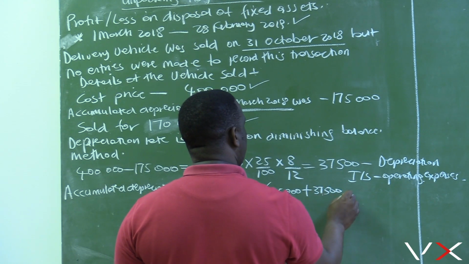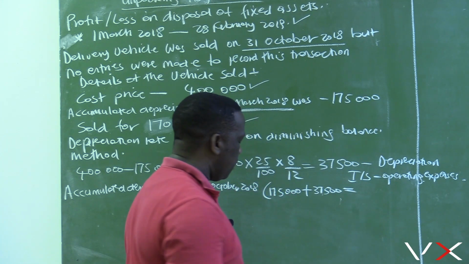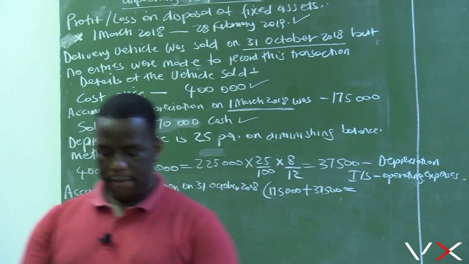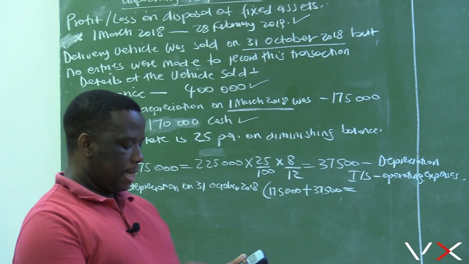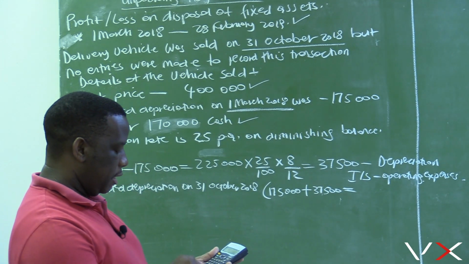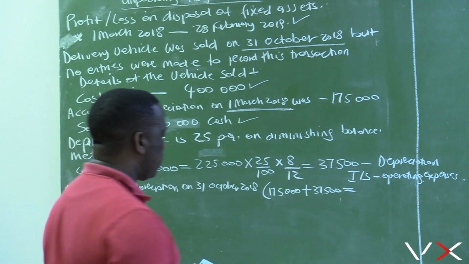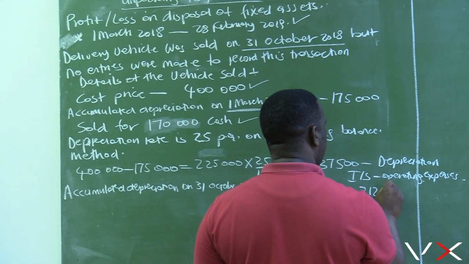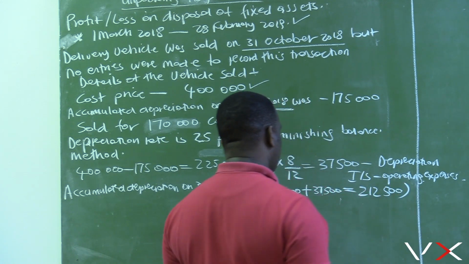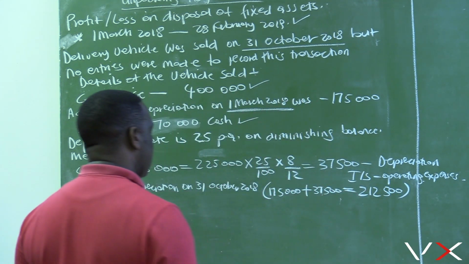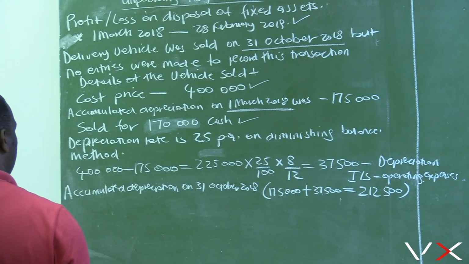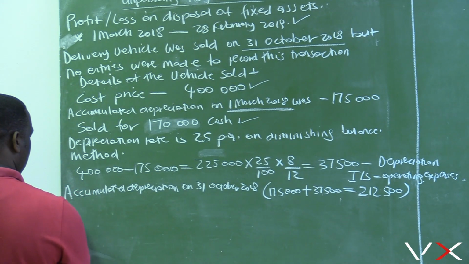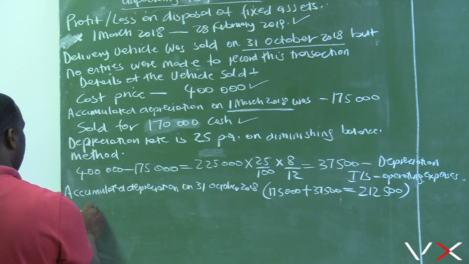That is 37,500. 175,000 plus 37,500 equals 212,500. That is the updated accumulated depreciation.